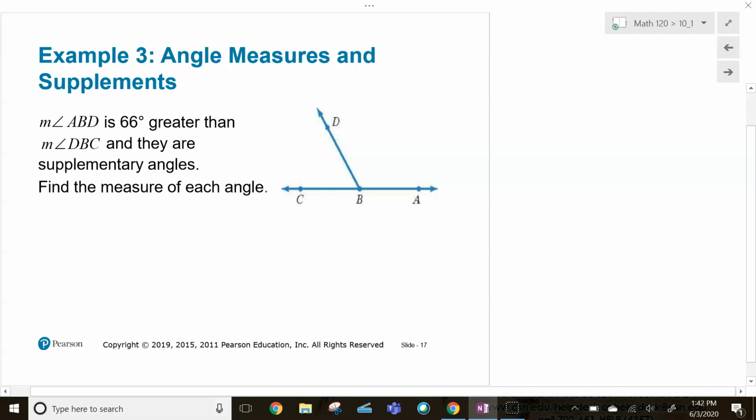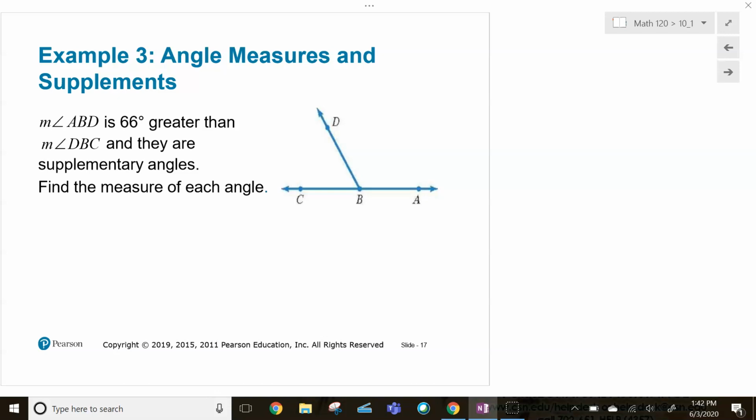Another one here: find the measure of each angle. The measure of angle ABD is 66 degrees greater than the measure of angle DBC, and they are supplementary angles.